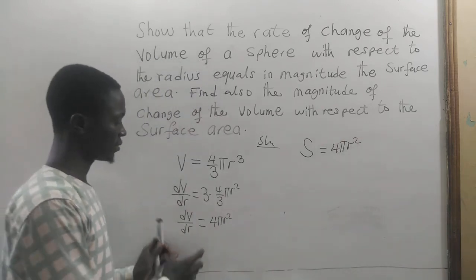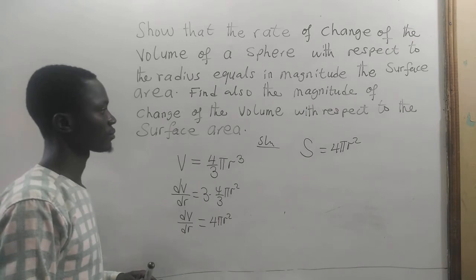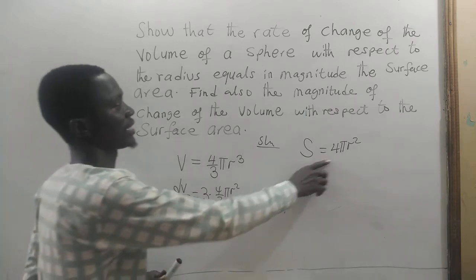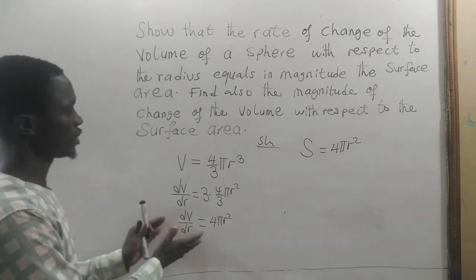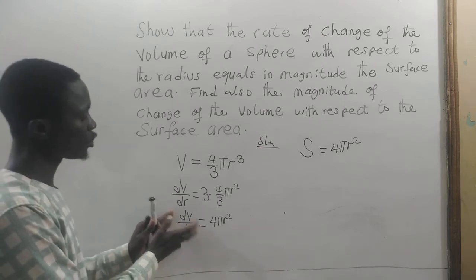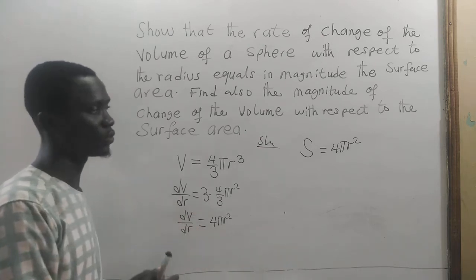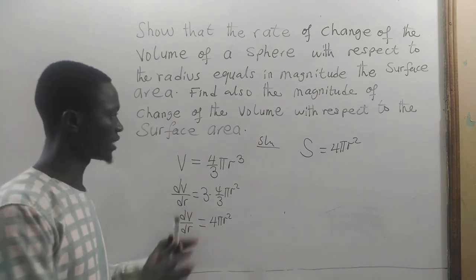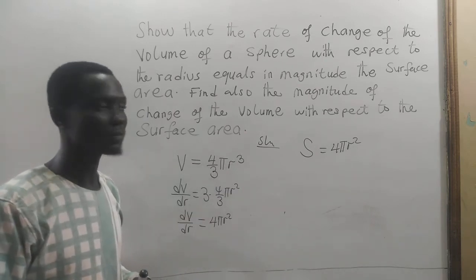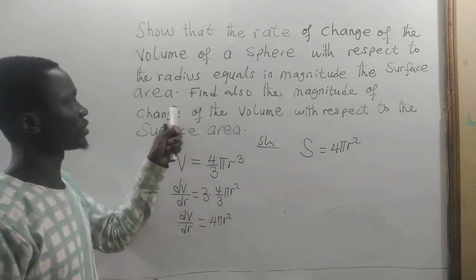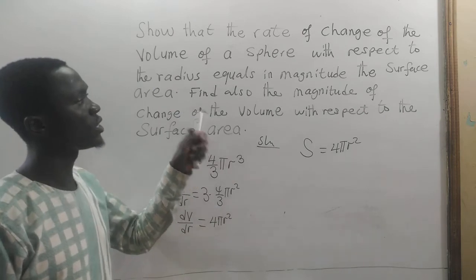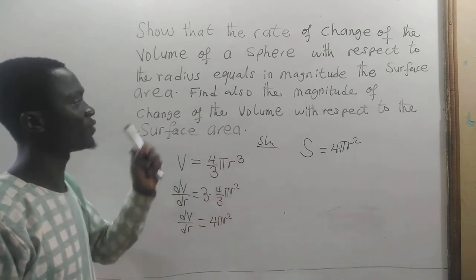So you see that the magnitude of the surface area is equal to the rate of change of the volume with respect to the radius. So hence shown.